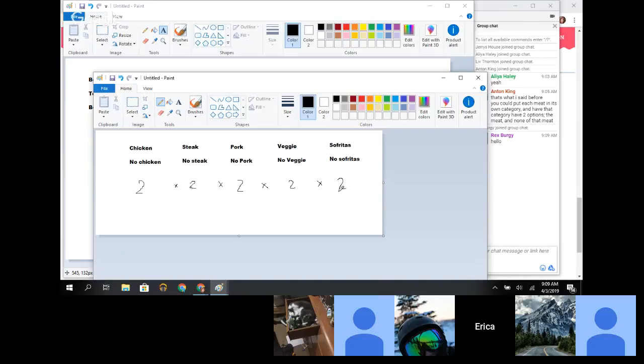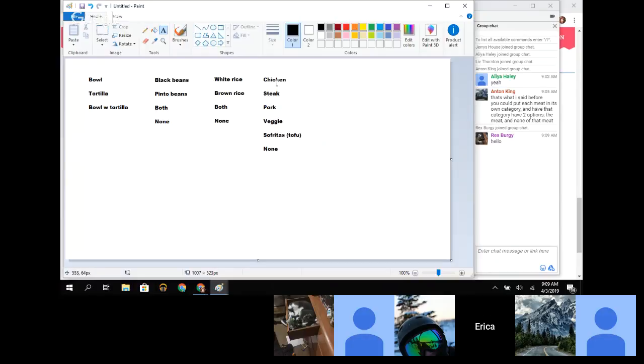So if we do this, 2 times 2 is 4, times 8, 16, 32. So this is a multiplier of 32, versus here we were just going to basically be multiplying by what? If we were doing the counting principle, here, the way this is written, we would be multiplying by 6, right?